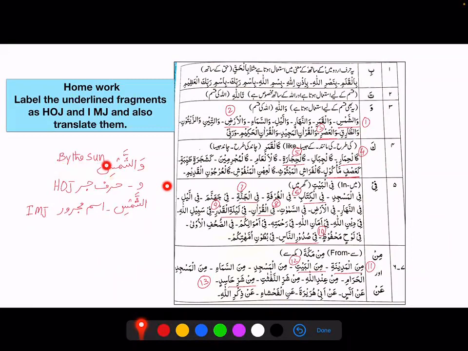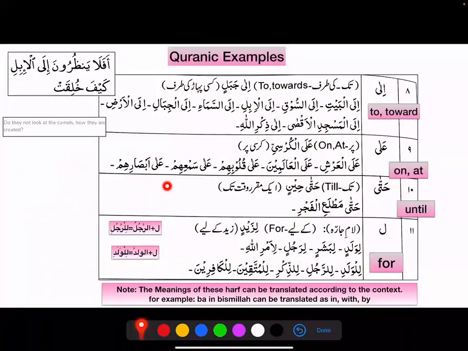You're going to write the translation. This is by the sun, or this is swearing by the sun, right? Wow is Harf Jar, ashamsi is Ism Majrur. This is how you're just going to label, that's all, for the words that I have highlighted. Okay, so does that make sense? Okay.